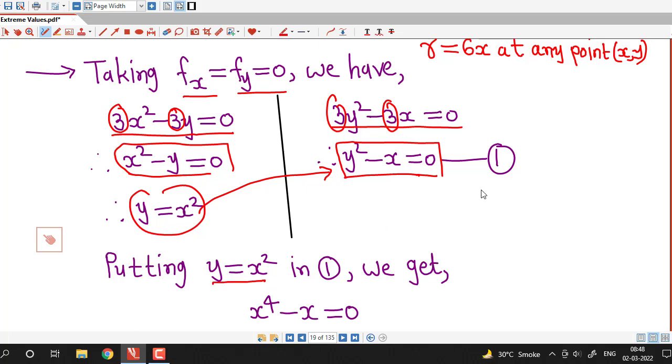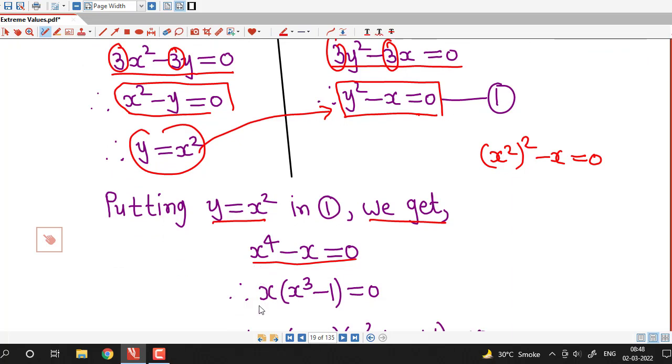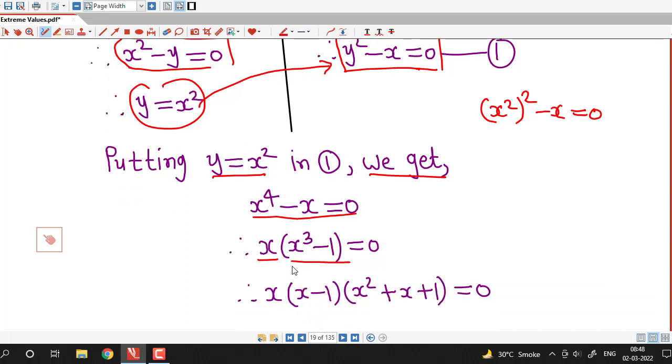Now to solve these two equations, we put y equal to x square in this equation. Putting y equal to x square in equation 1, we get y square, that is square of x square, minus x equal to 0. Therefore we obtain x raised to 4 minus x equal to 0. Then we take x common, so we will have x into (x cube minus 1) equal to 0. Then we write down the factors of x cube minus 1.